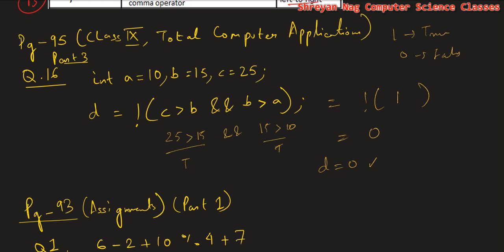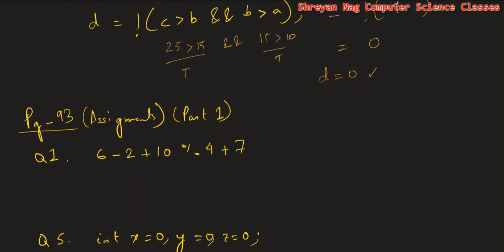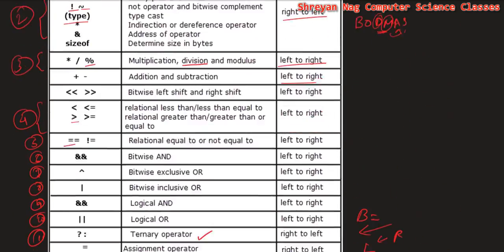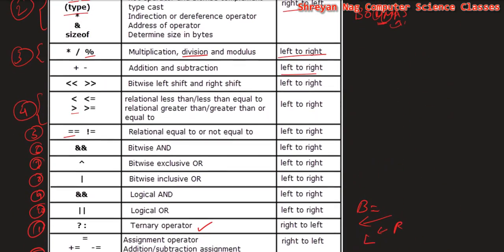Okay. Now next question. On page number 93, assignments part 1, this kind of thing is given. So you just remember that multiplication, division, modulus go left to right, then addition, subtraction, left to right. First you will do the multiplication and division, and then you will move forward to the subtraction and addition.